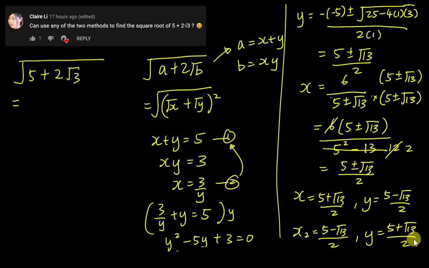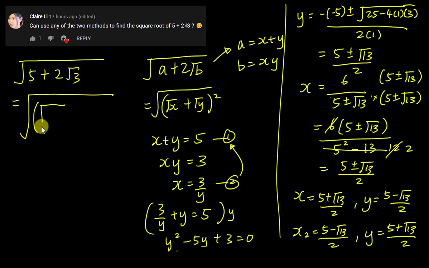So I will just take one of the combinations to solve this one, because after I know my x value, basically I know this one. After I simplify, I will get something like the square root version of this one, right?